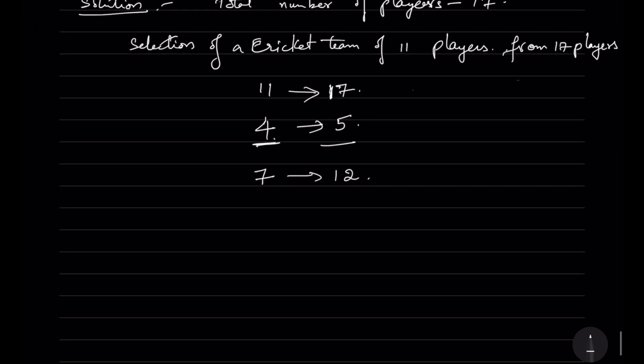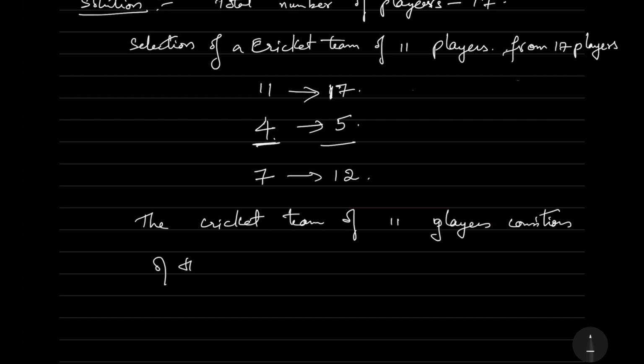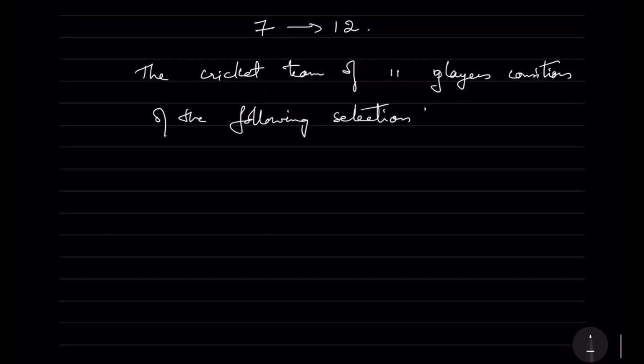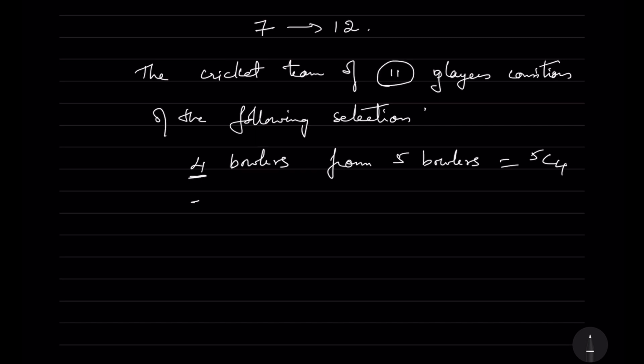Now how can we select this? We'll just see. The cricket team of 11 players consists of the following selection. 4 bowlers from 5 bowlers: in how many ways can it be done? 5C4 ways. Then how many are left over? 4 are already selected, and we need 11 players in total, so 7 more players can be selected from the non-bowlers. Remove the 5 bowlers from 17 and 12 are left.